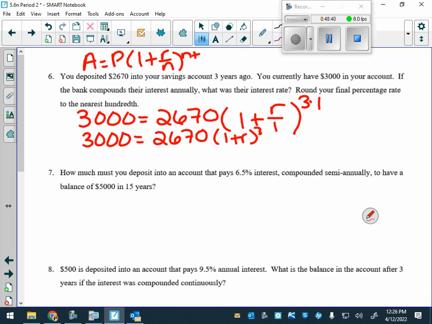What do I do first? Kevin, please pick a card. Thank you. Emily, what do I do first to solve for R? Not sure? Ken?